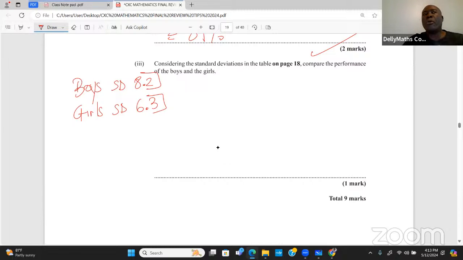So we're talking about how spread out the scores are. So the boys' scores spread out wider than the girls' scores is 1 mark. And this is all they require from you to say, is to tell that the boys would have a greater spread than the girls. Or if you said the girls first, the girls' scores would be less spread out compared to the boys.